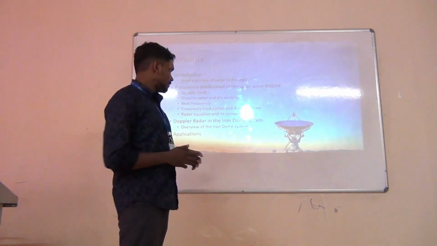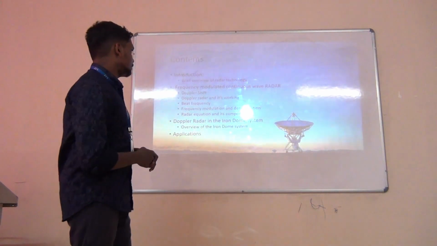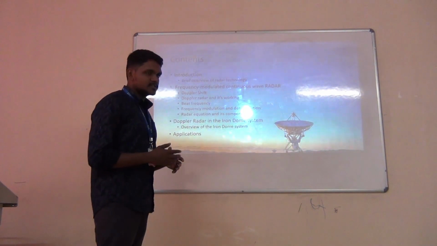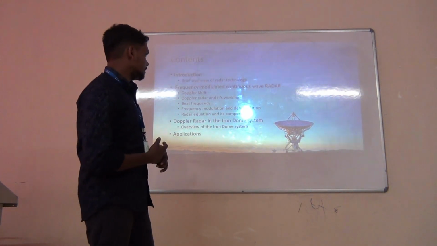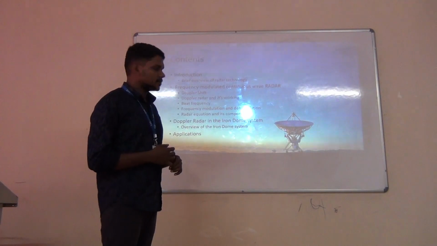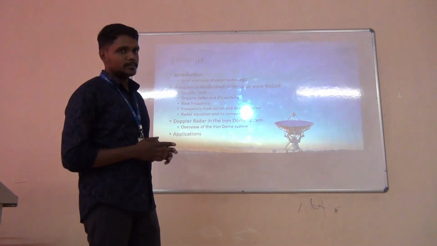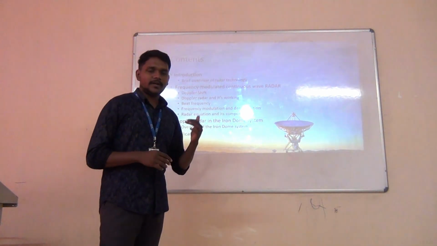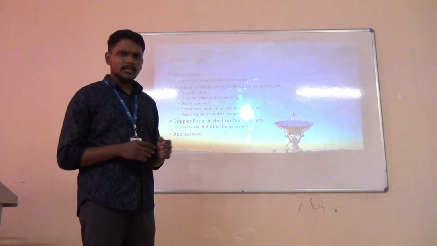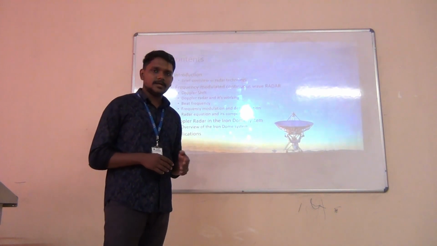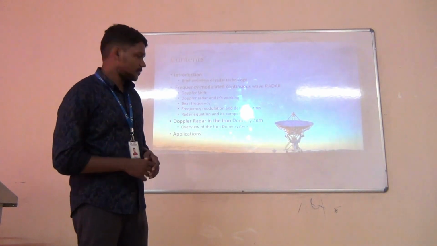Then the Doppler shift, Doppler radar and its working, beat frequency, frequency modulation and demodulation, and the radar equation and its components. We will go through the fundamental parts of radar and the applications and everything.